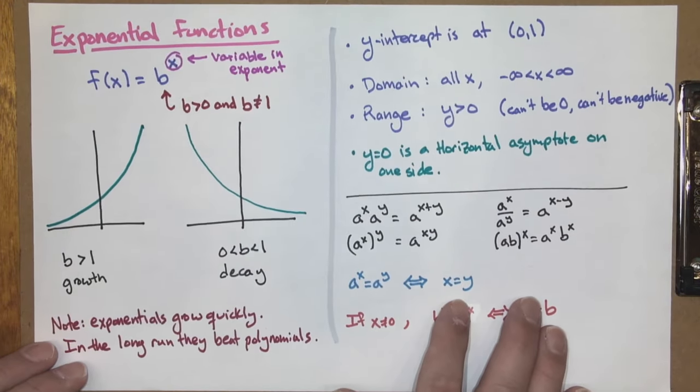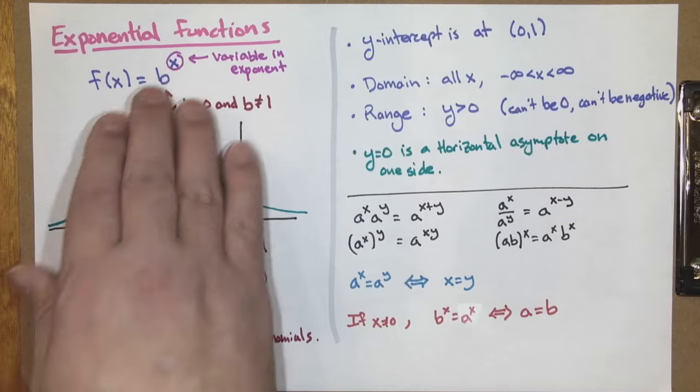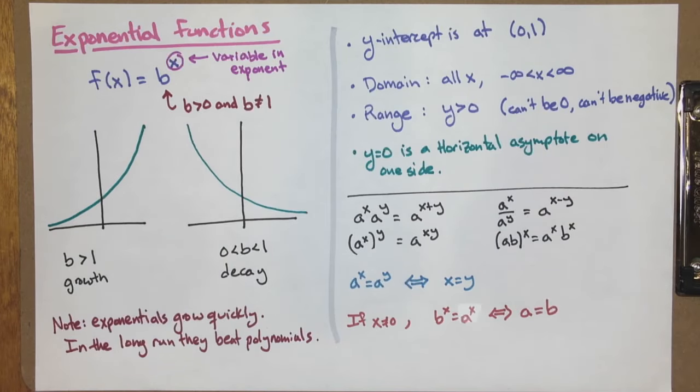All right, so a little bit about exponential functions. So again, where does it get the name? Well, because the variable is up in the exponent. So that's how we can remember it. Now, we're going to make some assumptions about what's downstairs. So when we talk about b to the power x, we're going to assume b is positive and assume that b is not 1. Now, why do we throw 1 out?